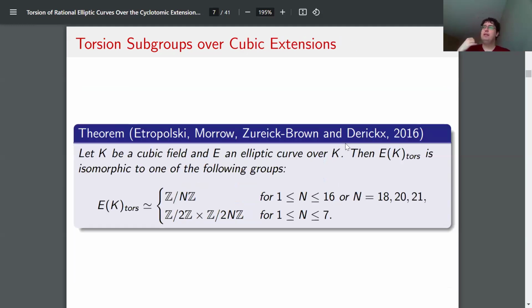Okay, so another expansion on this classification result, you can see the huge time gap. It's due to Etropolsky, Morrow, Zureick-Brown, and Derickx in 2016. If K is a cubic field, E is over K, then E(K) torsion can be only the following groups.